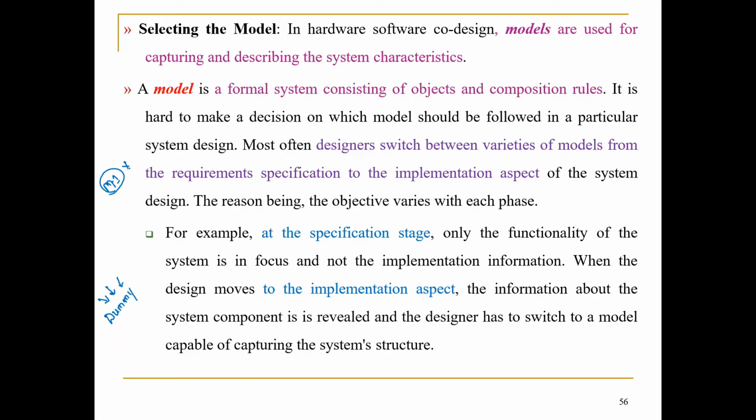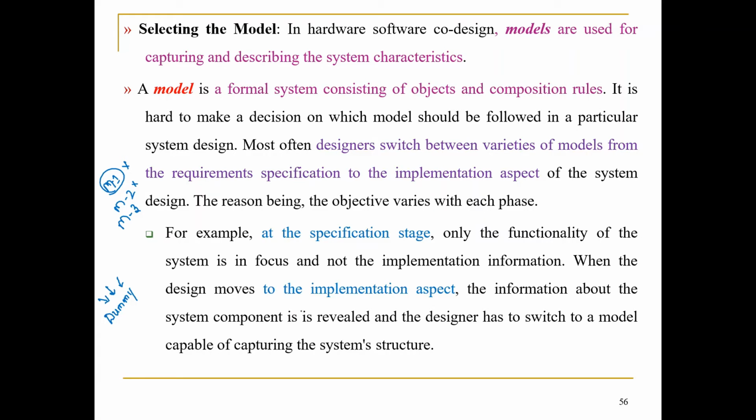It may not be responding to the requirements at all. Then they will switch to the second model. Even with the second model, when they get to around 30% or 40% of the implementation, it will also become unresponsive. Then they might go to the third model. So normally the manufacturer will not stick to the very initial model he takes. He is going to switch between the models as per the requirements.